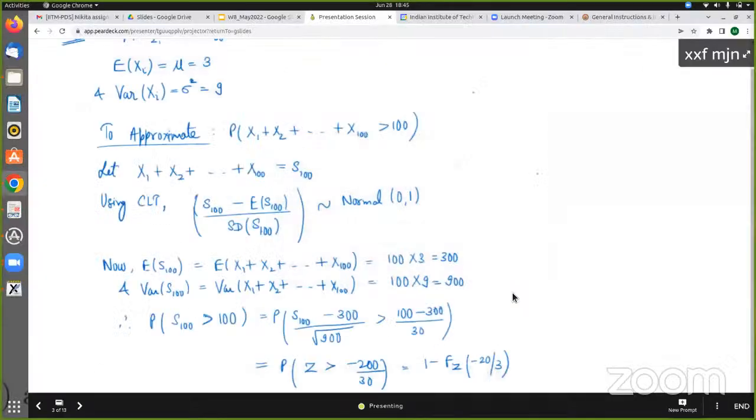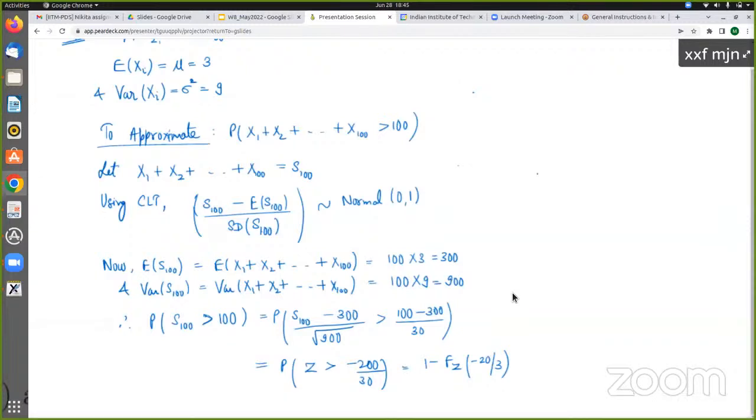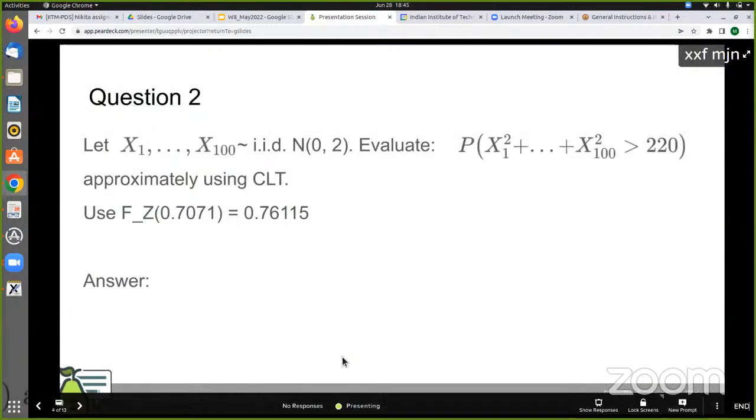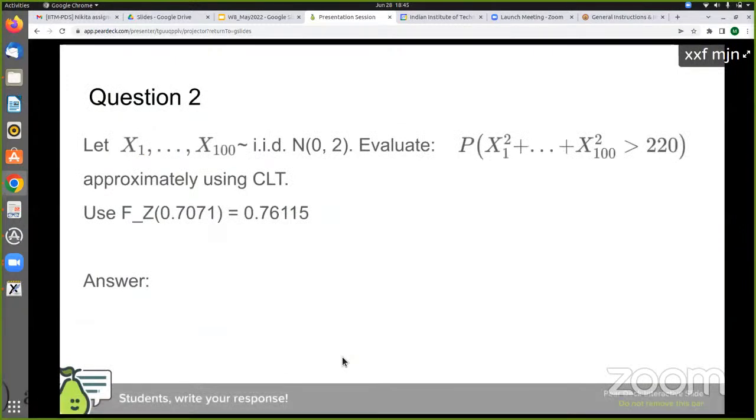The first one only. What's the problem here now? Okay, fine, sir. Same thing, right? Okay. So the second question is, let x1, x2 to x100.